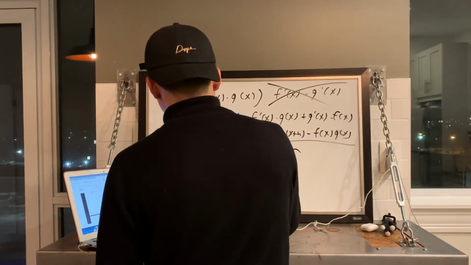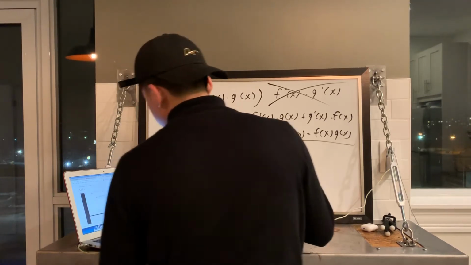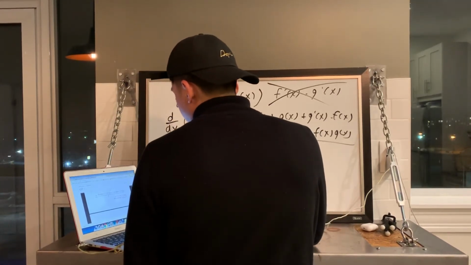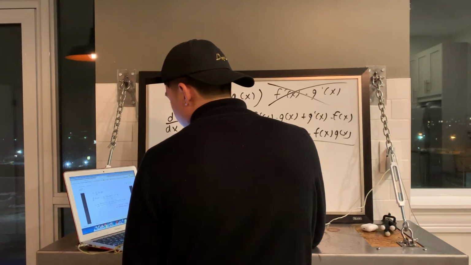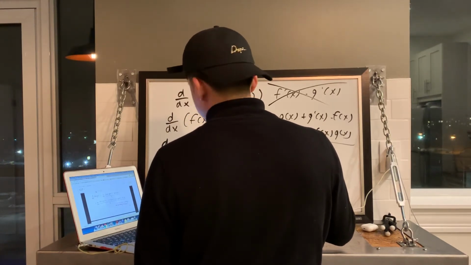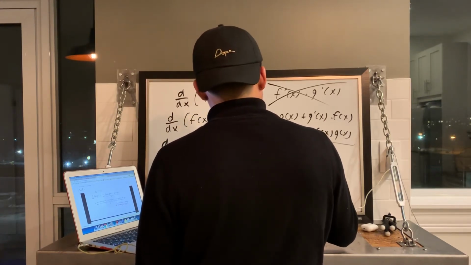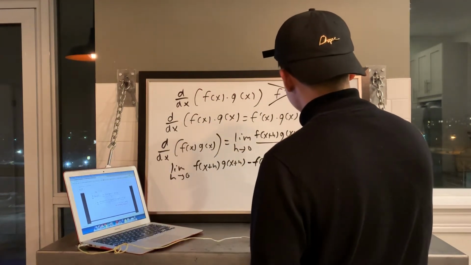So it's f of x plus h, g of x plus h. So what can happen is you can add and subtract, basically, f of x times g of x plus h, minus f of x times g of x plus h as a minus version, and you add it as well.